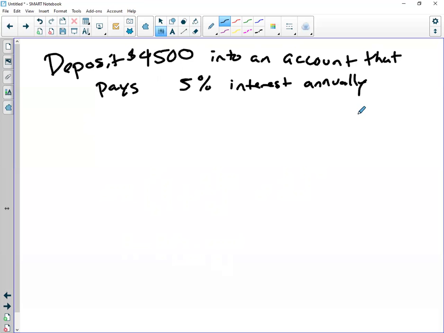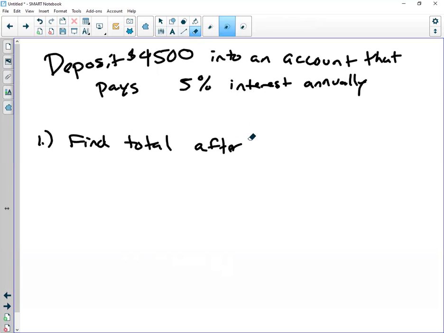Yeah. So deposit $4,500 into an account that pays 5% interest annually. Now you're going to do two things. You are going to find the total after 10 years when this is compounded continuously.